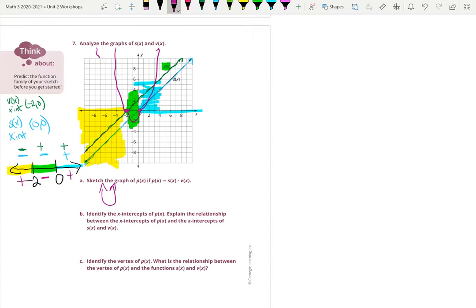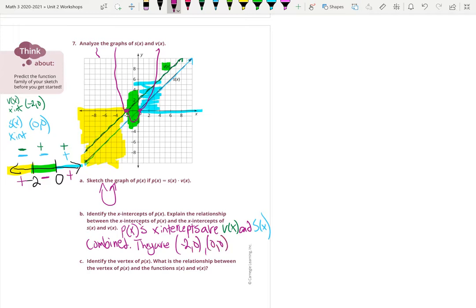The x-intercepts, I don't even have to work too hard. The x-intercepts of p of x are the x-intercepts of v of x and s of x. They are negative 2, 0 and 0, 0.